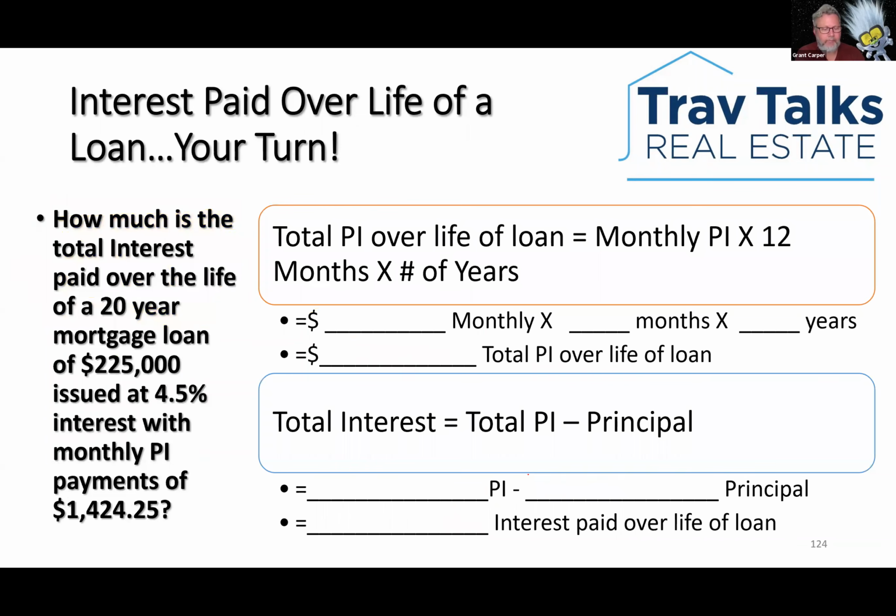All right, I want you to do this one then. How much is the total interest paid over the life of a 20-year mortgage loan of $225,000 issued at 4.5% interest with monthly PI payments of $1,424.25? I want you to go through that process and come up with the interest paid over the life of that loan. I'll give you a couple minutes to do it.